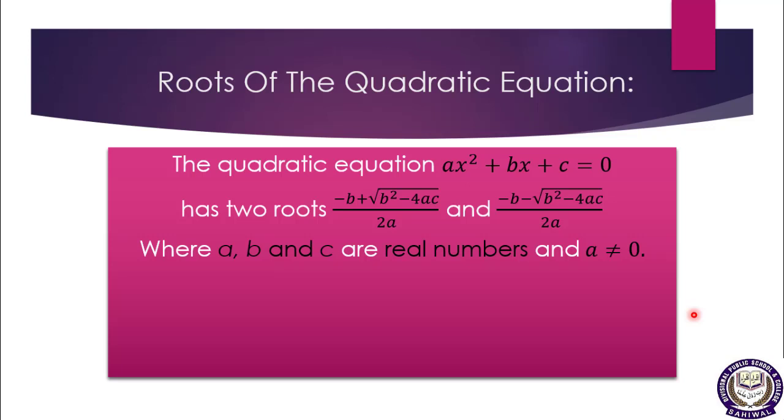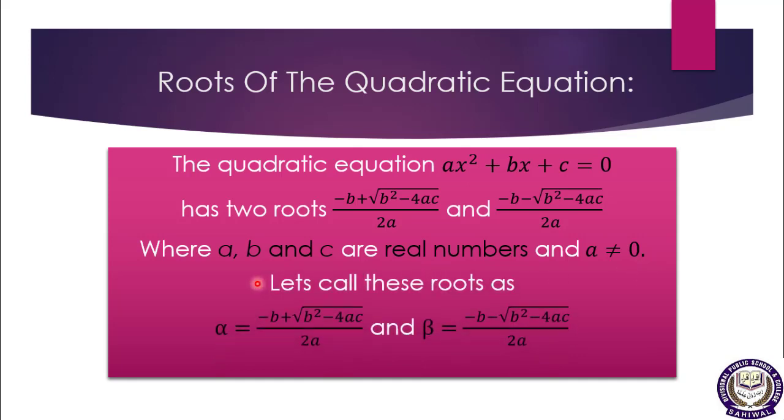One is minus b plus square root of b square minus 4ac over 2a, and the second is minus b minus square root of b square minus 4ac over 2a, where a, b and c are real numbers and a is not equal to 0. For convenience, let us call these roots alpha and beta. If one is called alpha, then the other is called beta.